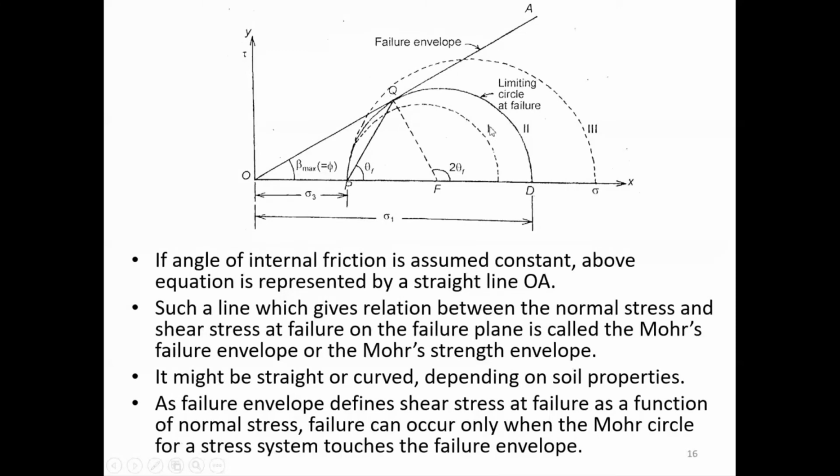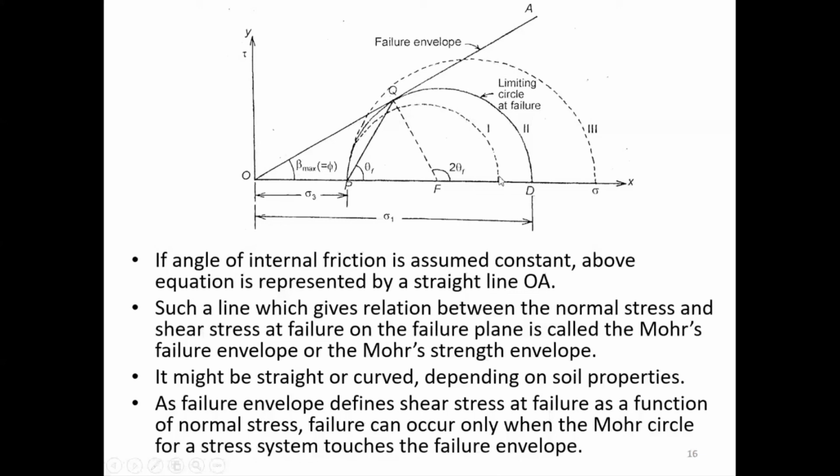I have sigma 1 here, I have sigma 3 here, and this is my Mohr circle. And the maximum possible sigma and tau combinations is beta max, which is represented by this failure envelope. Unless and until my stress systems go on increasing and touch this Mohr circle, my soil is safe, or it is not undergoing any failure. The failure plane might not even be developed.